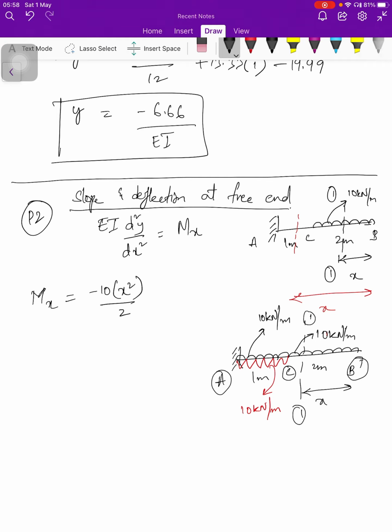Minus 10 into x square by 2 is the moment of the UDL. Now this equation is valid up to the point A, but you also have one more UDL which is acting vertically upward. So I need to take one more section.